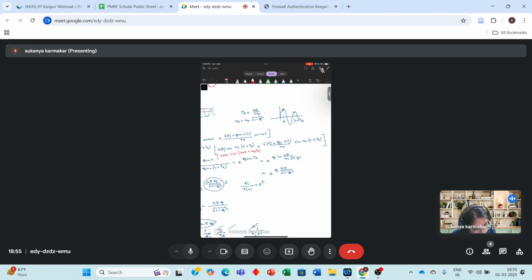And what is omega d into Td? 2 pi. And what is cos of omega d t plus 2 pi? I can write this as cos omega d t, right? Similarly, I can write this to be omega d into t.